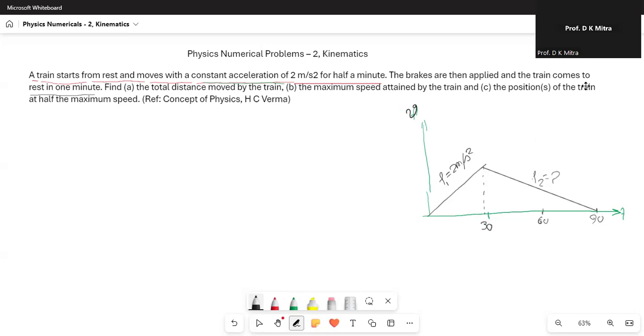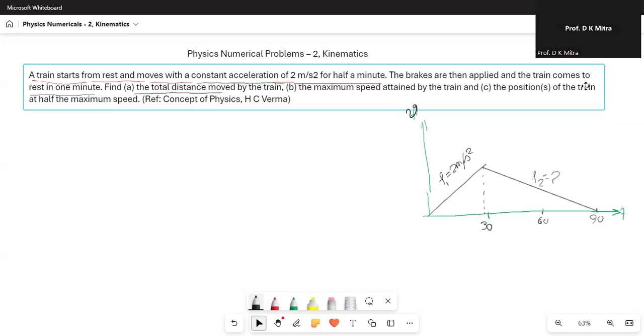Okay? Now the question is, find the total distance moved by the train. So we have to find the distances. Let us consider this distance is S1, and let's consider this distance is S2.